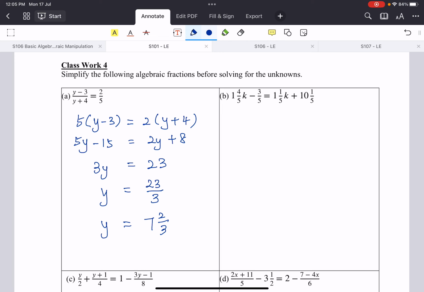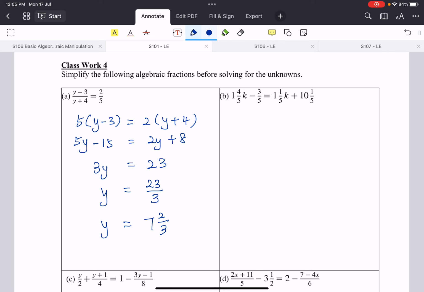Okay. Now for part B, what we do have is quite a mixed number and fractions all over the place. My recommendation is to rewrite them all as improper fractions, right? So that will give us some room to maneuver.